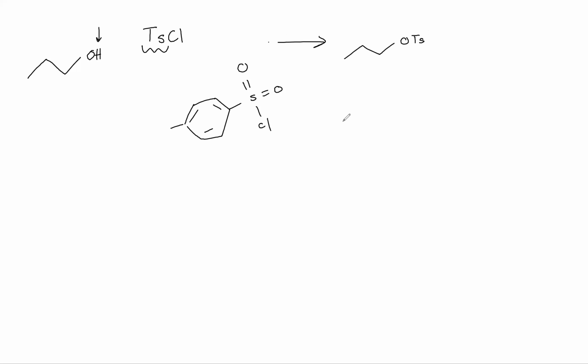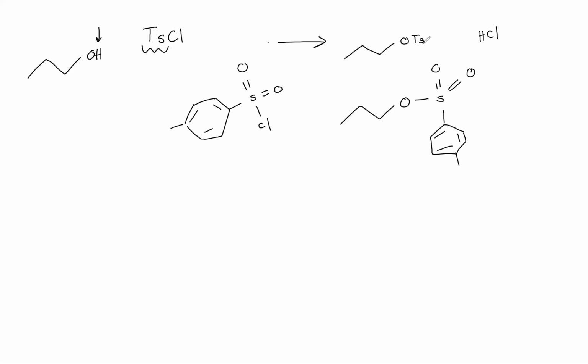So we would end up with something that looks like OS and then this phenyl group right here, like this. And then we would also end up with HCl because that's essentially where the hydrogen and the chlorine went. The whole reason for having this OTs here is so now that OH is now a good leaving group. We can get rid of it.